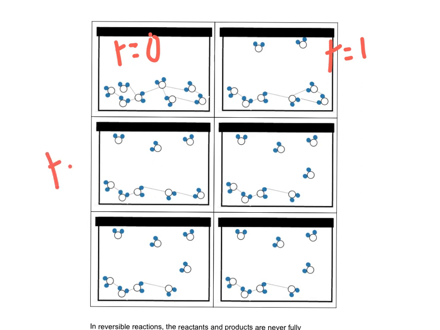At T equals 2, the process continues, and we're now up to 3. So it seems that I could argue that it's slowing down a little bit, because in the first time unit, we had 2 gaseous molecules form. In the second time unit, we only had 1 additional form. At T equals 3, we now have 4 gaseous molecules.